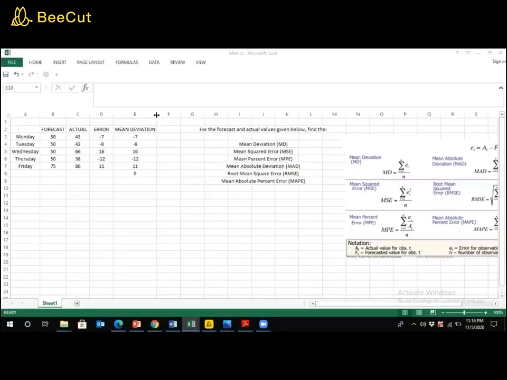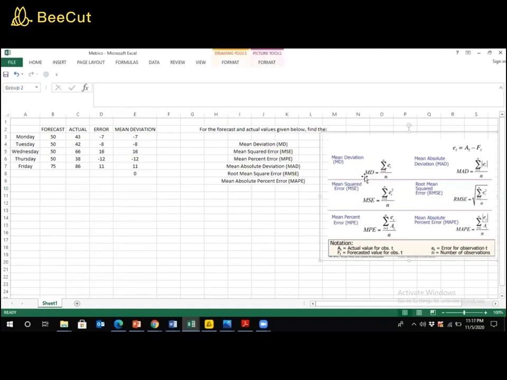Okay, next I'm going to calculate the mean squared error, or the MSE. Before I actually do that, I'm going to look at this formula.